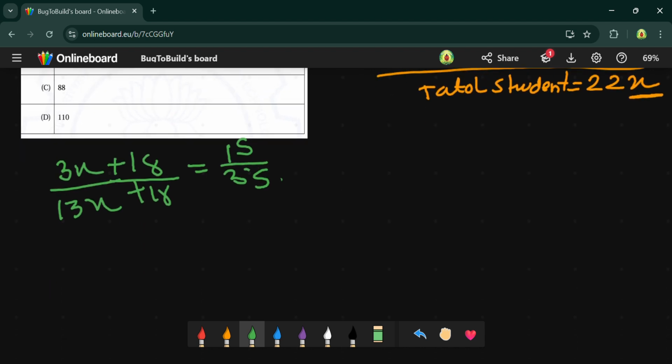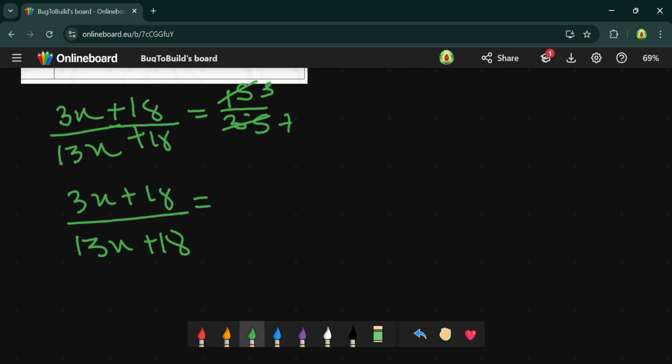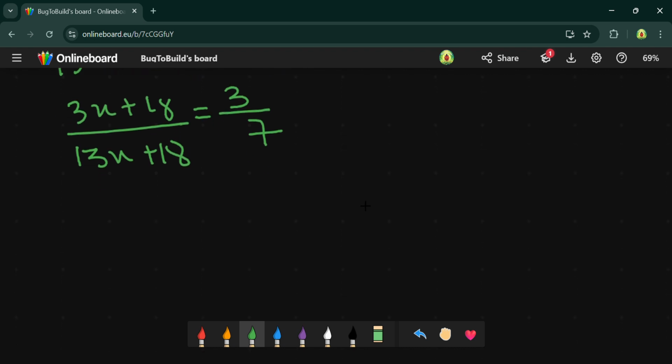Now you have to solve this equation. (3x plus 18) by (13x plus 18) equals 15 by 35, which simplifies to 3 by 7. Now you have to find the value of x by cross multiplying: 7 times (3x plus 18) equals 3 times (13x plus 18).